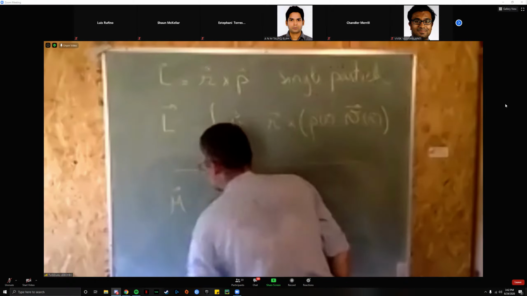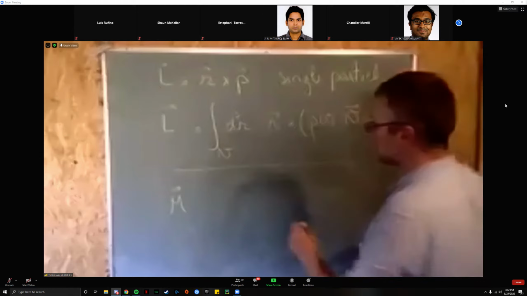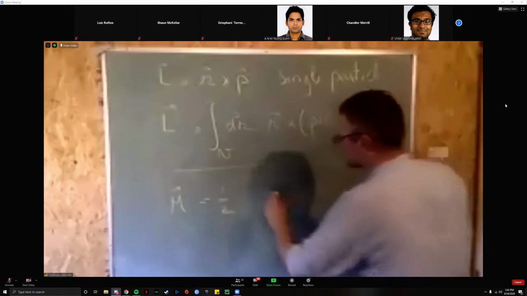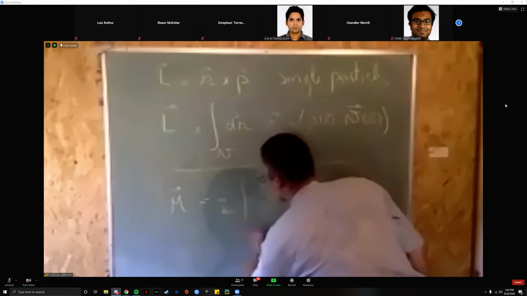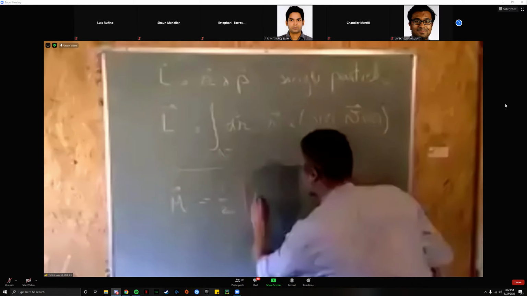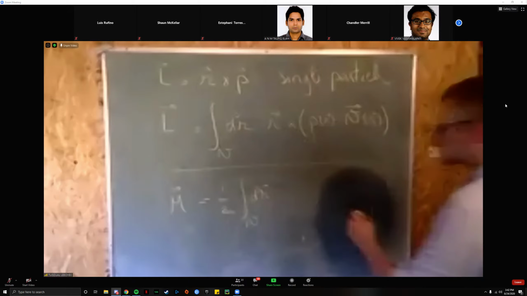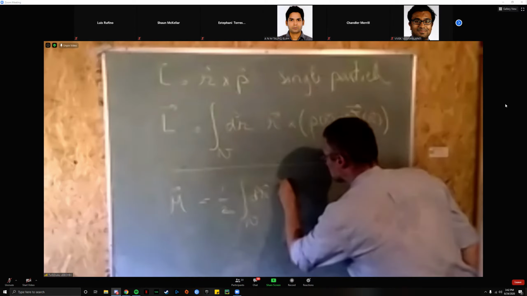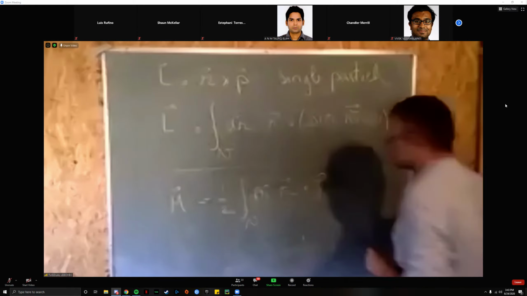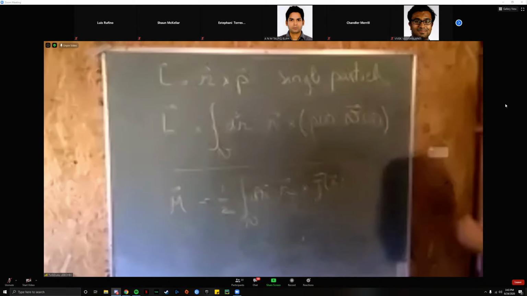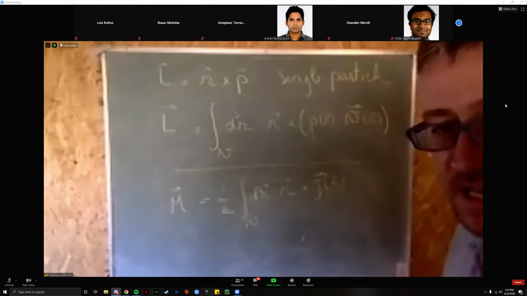You wrote the magnetic moment, it's a vector, and there is a factor 1/2 that comes up, but you wrote an integral over volume as well. So we have a d^3r times r cross product with J of r, where J is the electric current density, right?